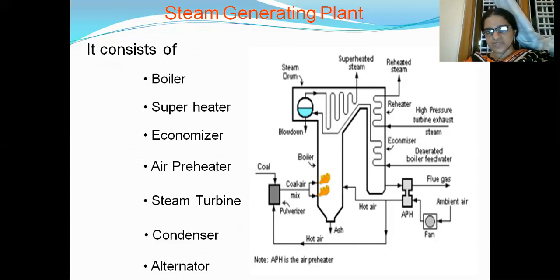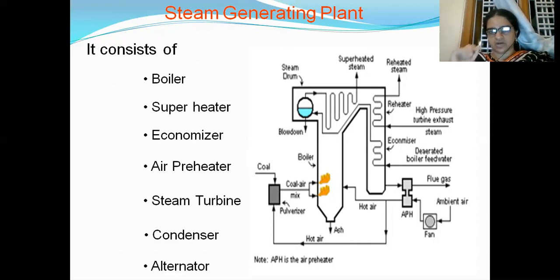Here APH means air preheater. The coal pulverization is being done, and again you are sending it to the boiler. From the boiler it is sent to the superheater, and from the superheater to the economizer.